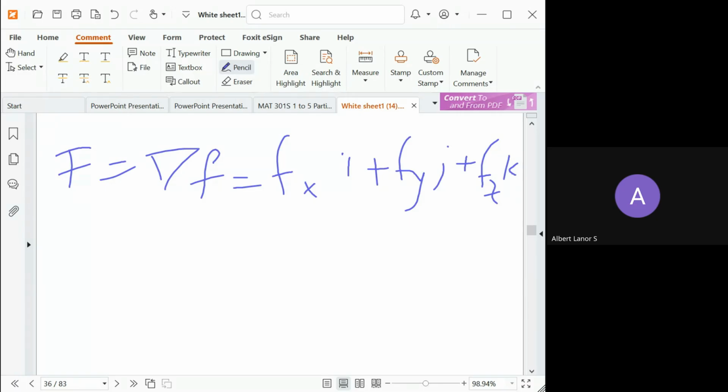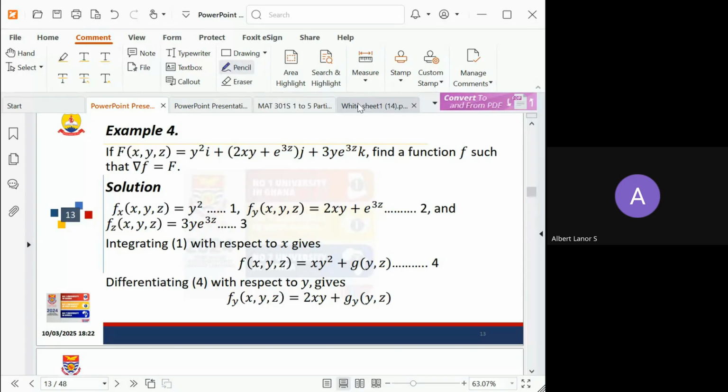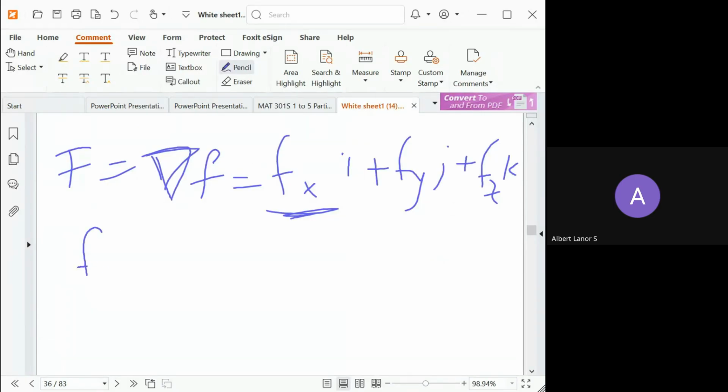Okay. So now, whatever we have there is f_x. So let's see what's f_x. f_x is y squared.